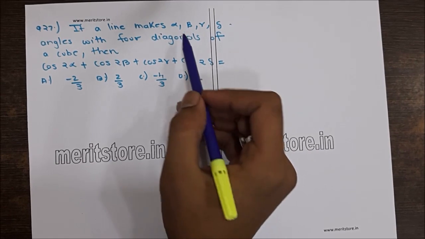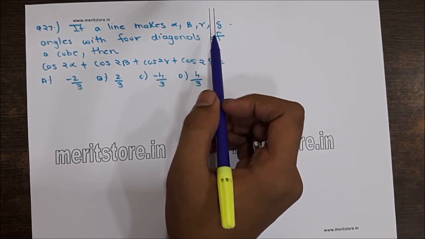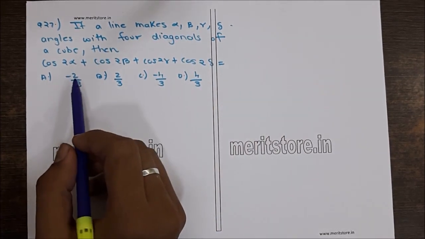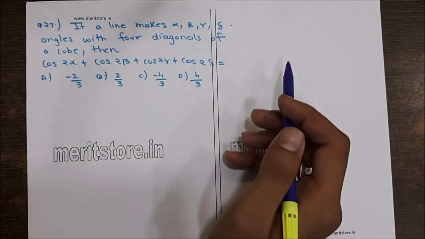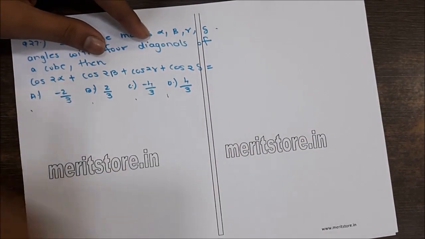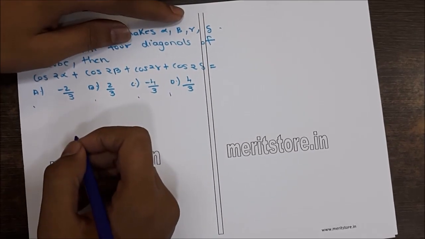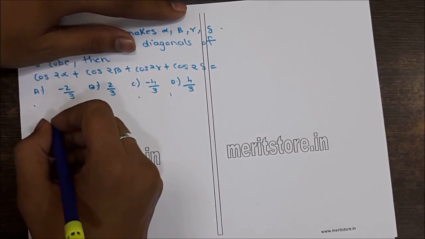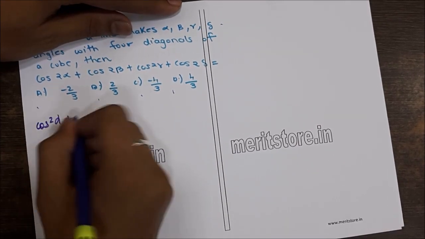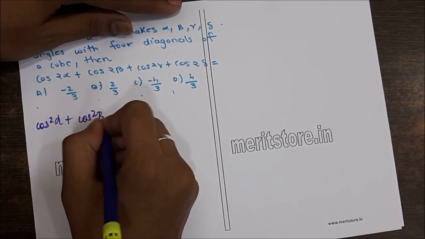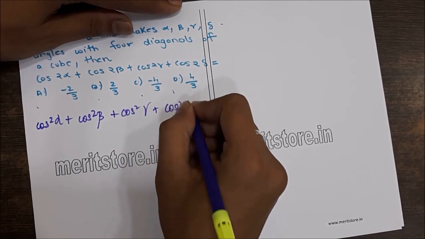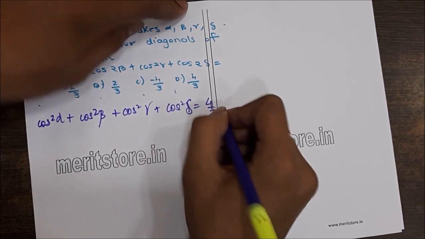If a line makes angles alpha, beta, gamma and delta with the 4 diagonals of a cube, then the value of cos 2 alpha plus cos 2 beta plus cos 2 gamma plus cos 2 delta would be option A, B, C or D. So let us solve this sum. Now we know that for the diagonals of the cube, cos square alpha plus cos square beta plus cos square gamma plus cos square delta is equal to 4 by 3.